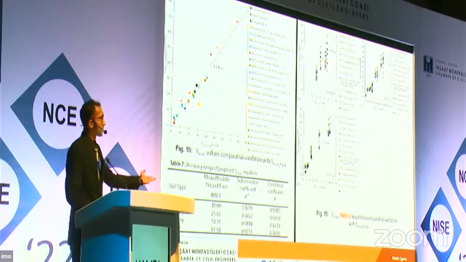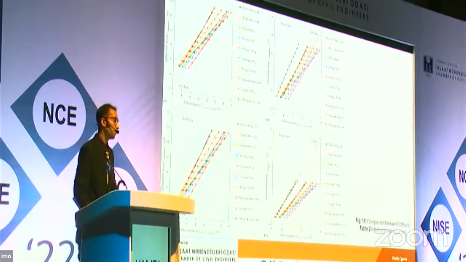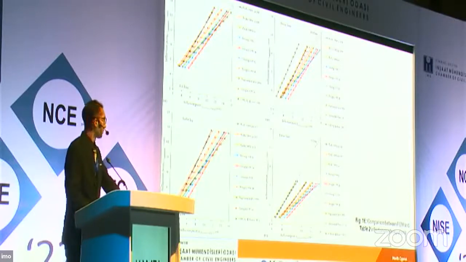So our modified equation has shown a good performance, and when we compare the inflection point between each study, we can see how they are varying, and this is one of the fundamental reasons why the settlement values were quite high.